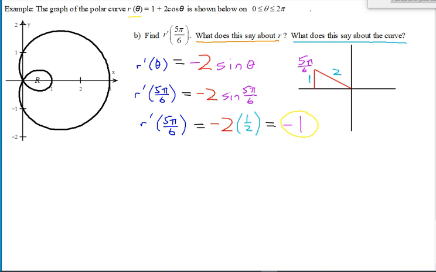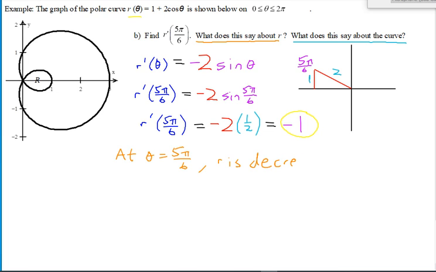So you can say, first reference the angle, theta equals 5 pi over 6. R is decreasing.